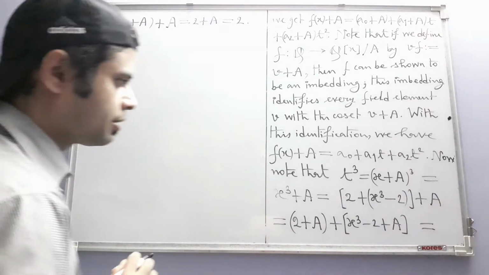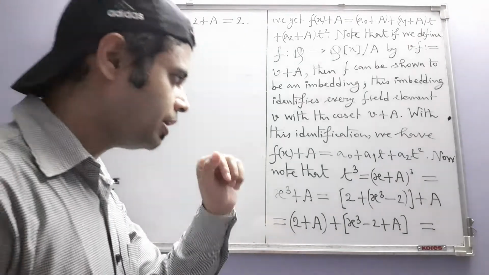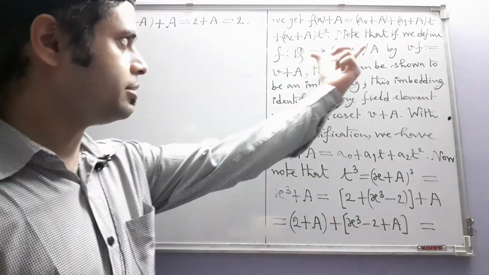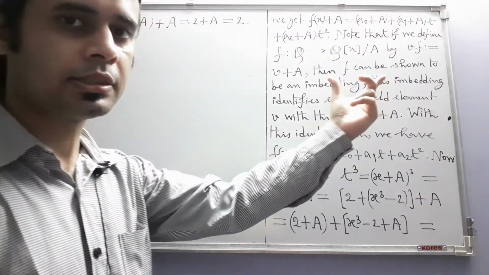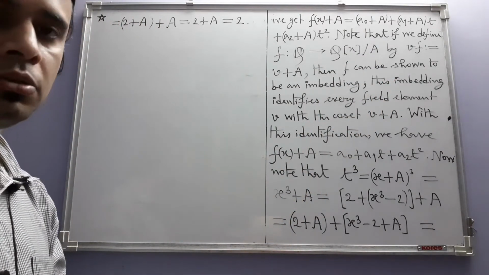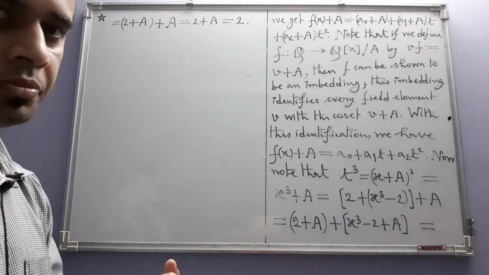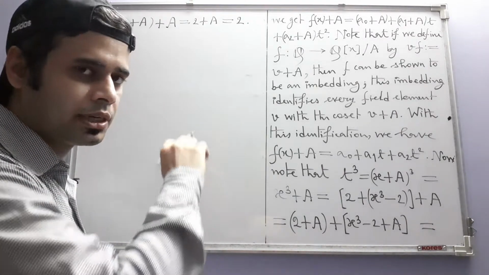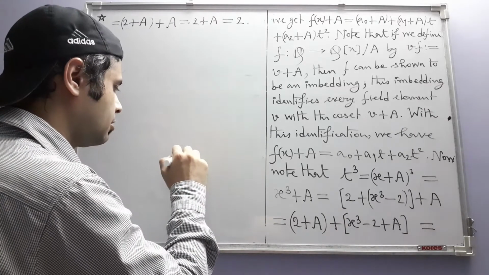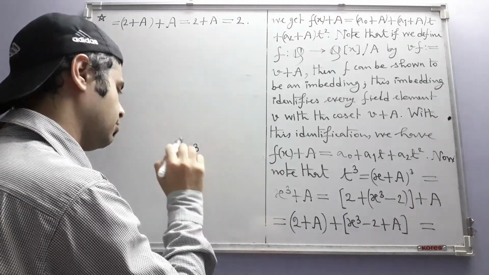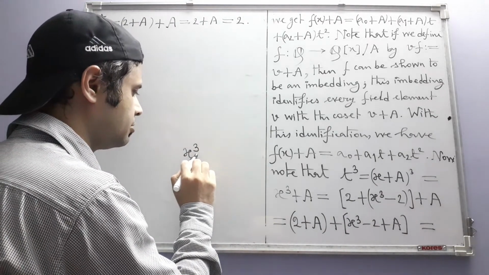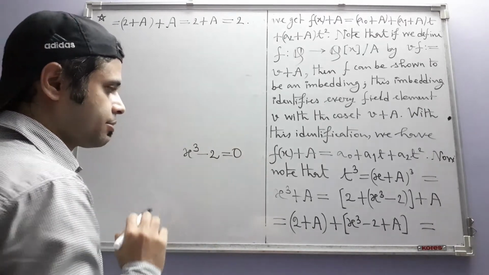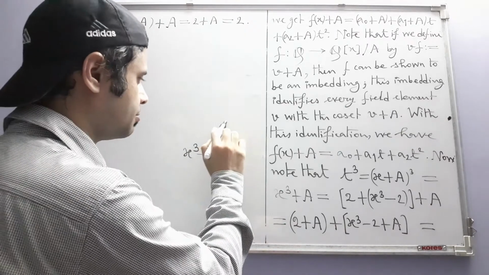Okay, so what have we found? We have found that the element t in this field, which is x plus a, is an element whose cube is equal to 2. If you are keenly observing all these calculations, you of course should be familiar with this, you know that this equation has no rational solution.